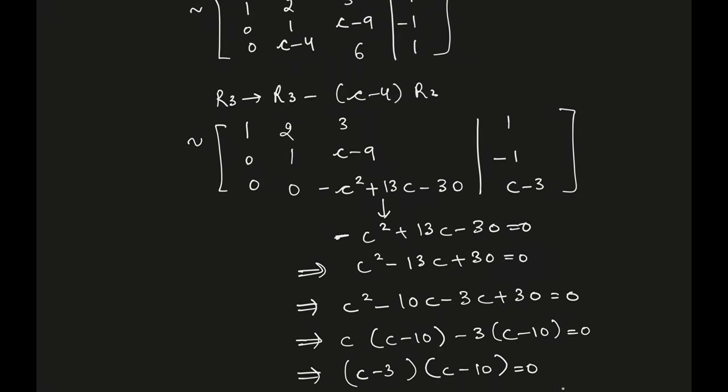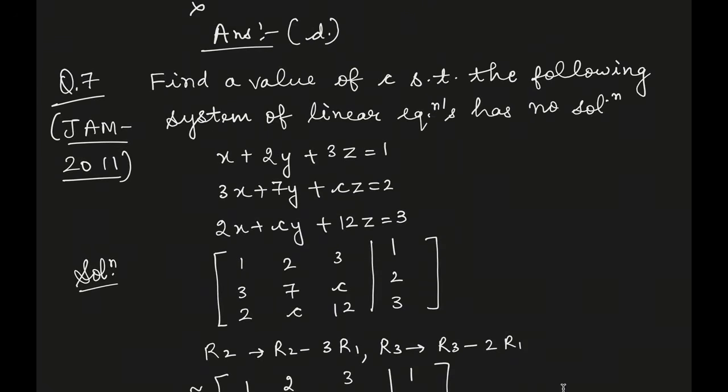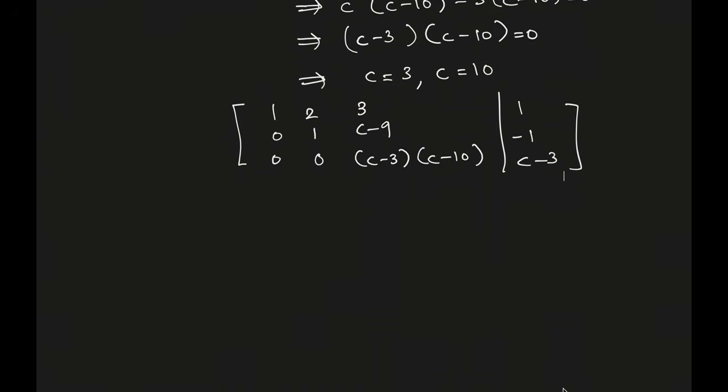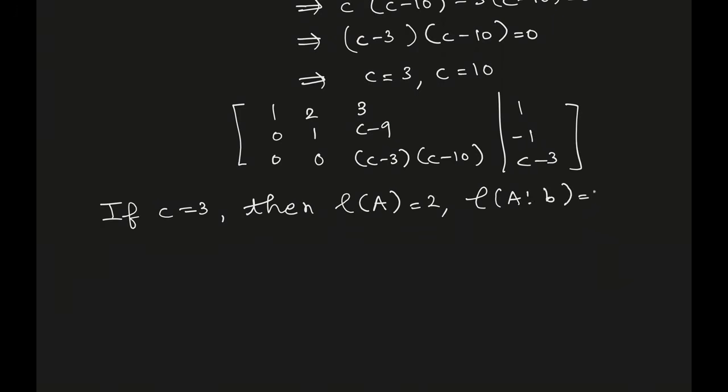And I was asked in the question for which values of c the system has no solution. So if c is equal to 3, then rank of A is 2 and rank of the augmented matrix is also 2.